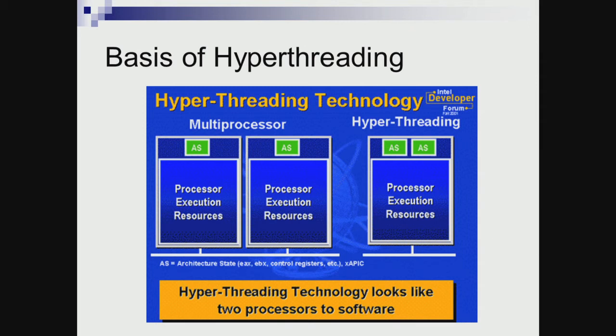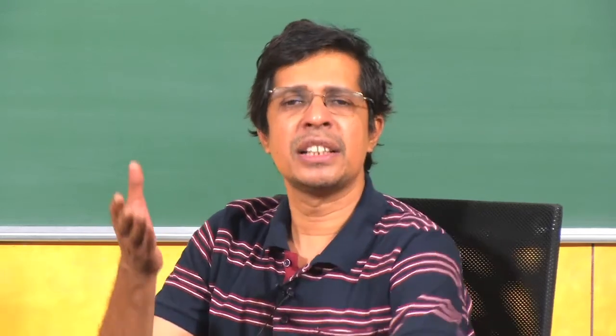In the context of me having one integer program and one floating point program, there will be two different architectural states of course for each of these processes, but the processor execution resources will be more effectively used, because both the integer and the floating point units that are part of the single processor execution resource on the right hand side will be effectively used here. So going from a multiprocessor to a multi-threading or hyper-threading environment, this served as a basic motivation.